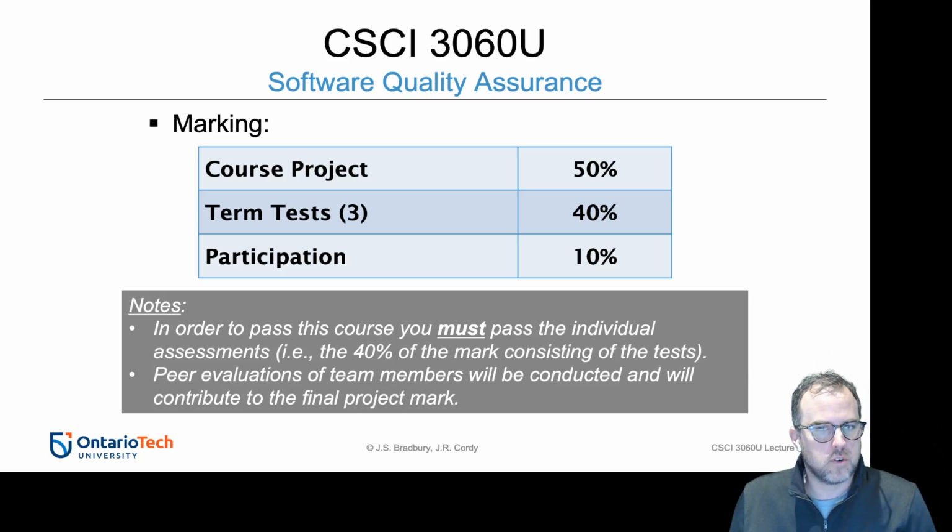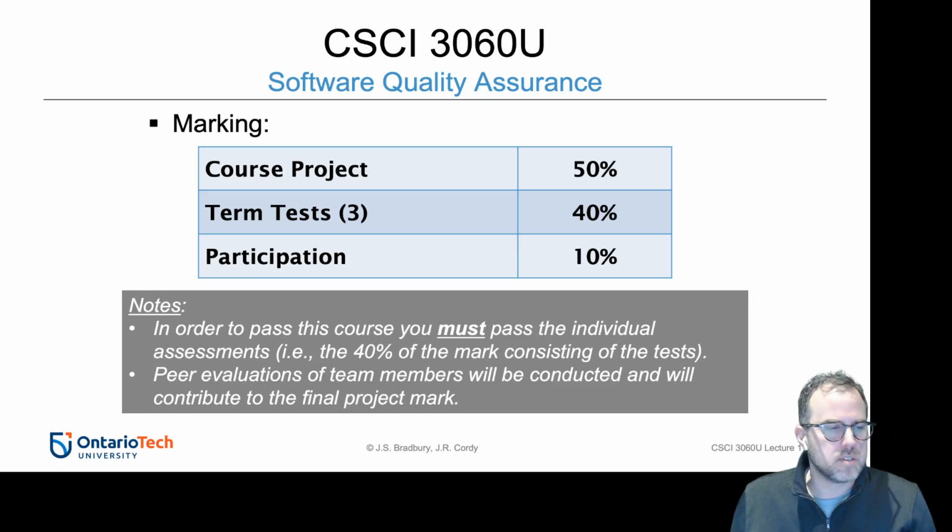I'm going to give you 40% of your mark for 3 term tests. Those are already listed date-wise in the Google course calendar, as well as in the course outline. The first one, I believe, is the Thursday before reading week. The second one is mid-March, and the third one is the last Thursday of classes in April.